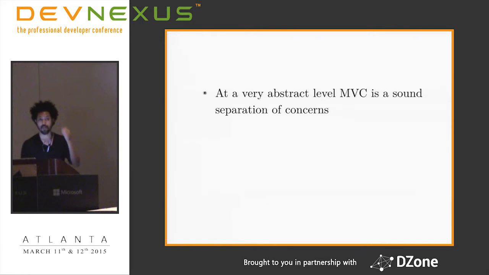So the only wrench I want to throw in this story: I actually think MVC is a relatively sound separation of concerns. You have some model that represents the domain that the user cares about. You need to present the user a view of that data, which isn't computer gobbledygook. And then you need to have some system in which the underlying domain model, which represents what the user cares about, and the thing that they see is coordinated.